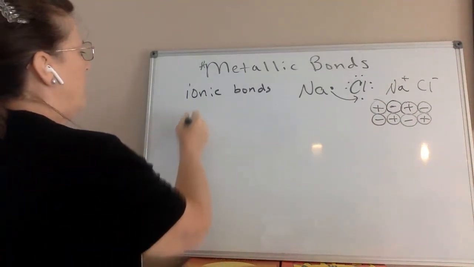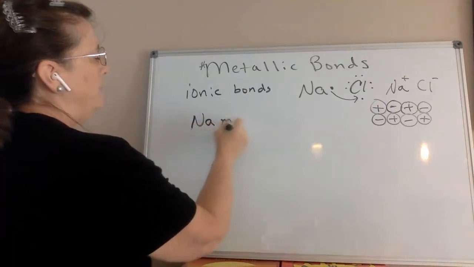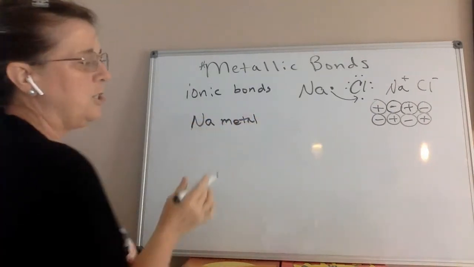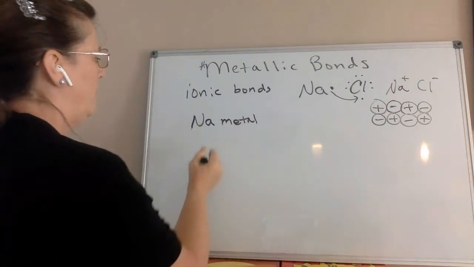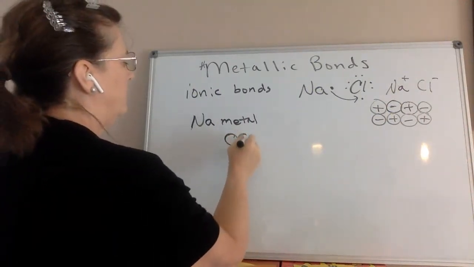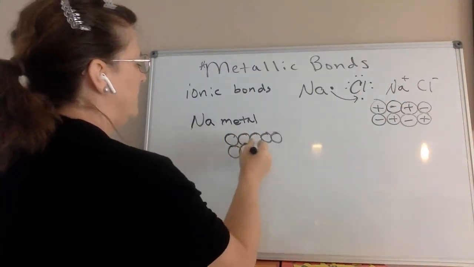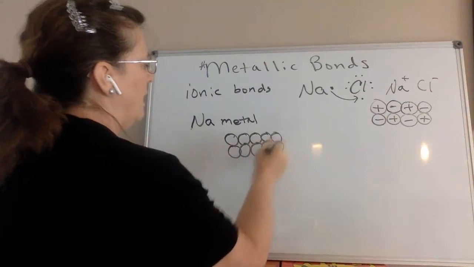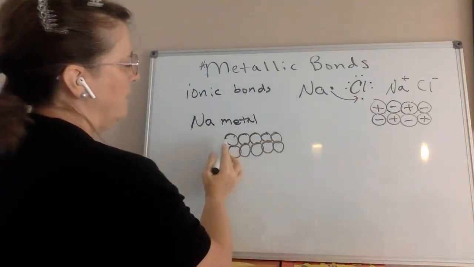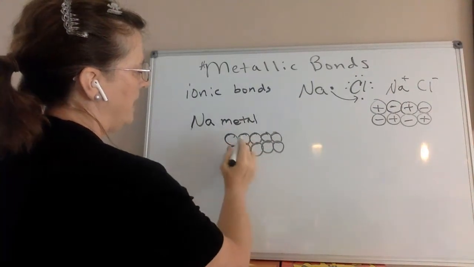So here, if we have a chunk of sodium metal, it doesn't get a charge because the electrons haven't gone anywhere. But if we were to illustrate it, we would see that sodium metal has a whole bunch of sodium atoms around it, and there's an electron cloud that keeps this together.